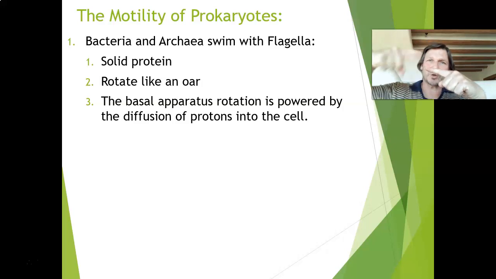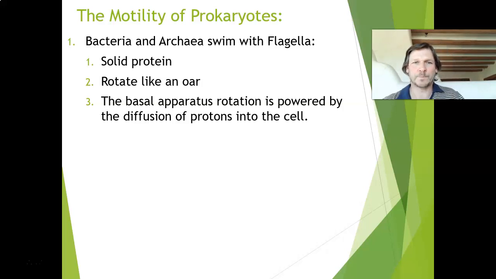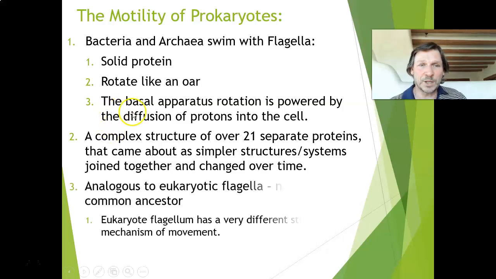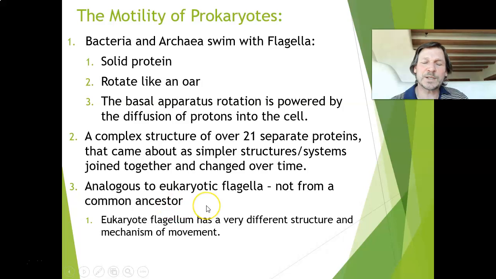It's more like a corkscrew propeller, rotating at the base with a little motor. It's a very complex structure made up of several different proteins that had different functions in their origins, but came together over evolutionary time with modifications and became what is now the flagella. And I want to mention it's analogous because when we get to the eukaryote flagella, it has a completely different structure, and the way it works is a completely different mechanism.